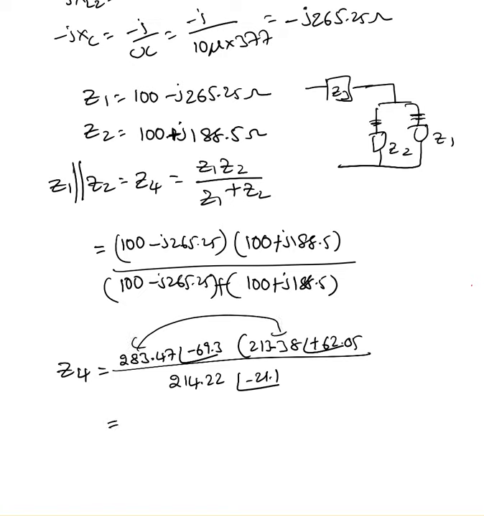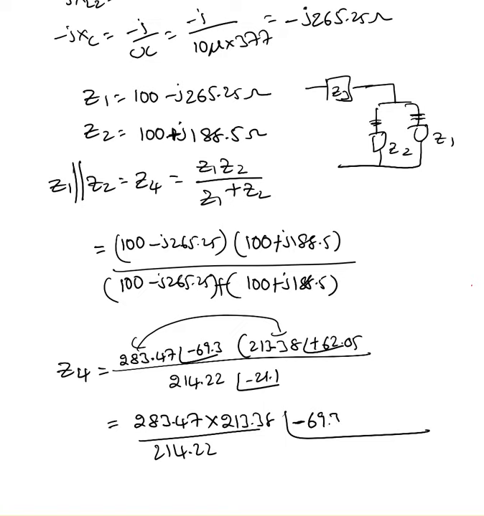Now we need to multiply these two numbers, add the angles. When I multiply and then divide by 214.22, basically this is going to be 283.47 times 213.38 divided by 214.22 at an angle of, the numerator we're going to add them, minus 69.3 plus 62.05. Denominator we subtract, minus 21.1.